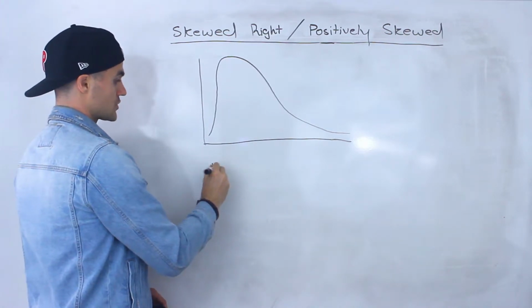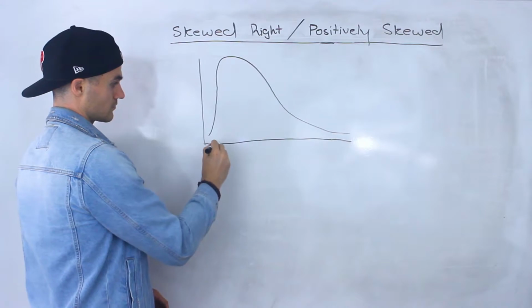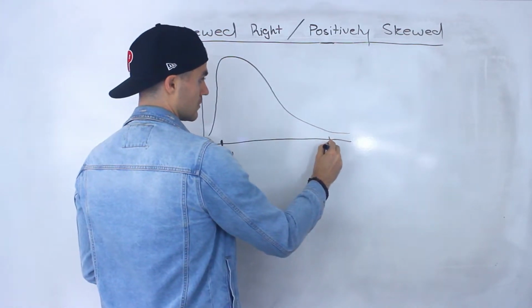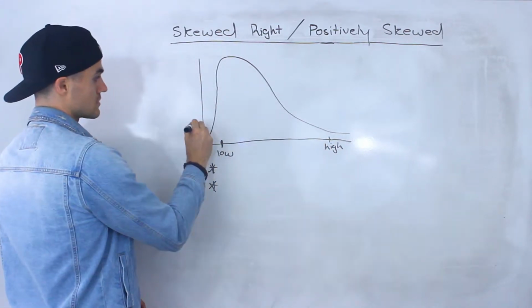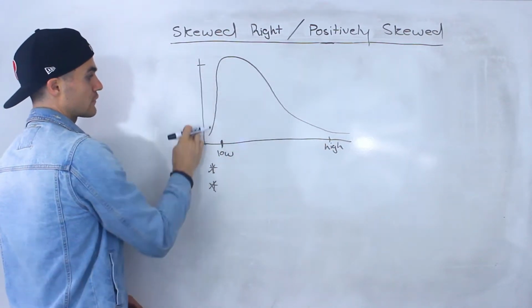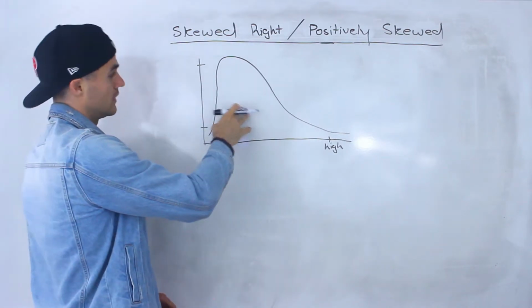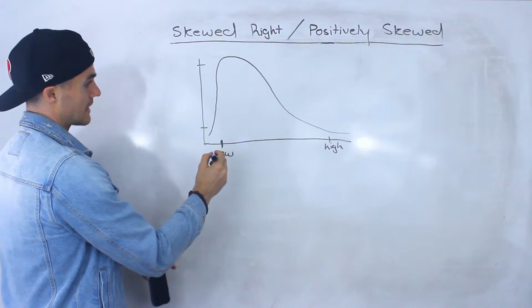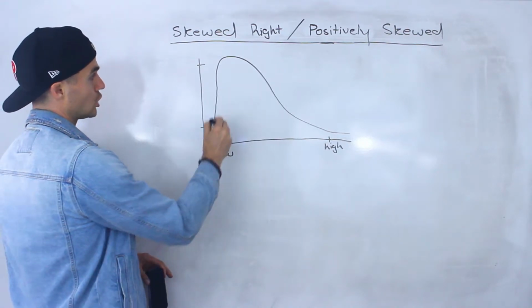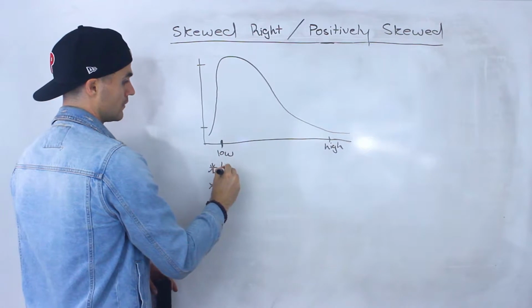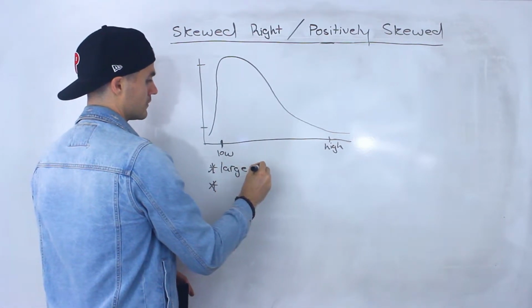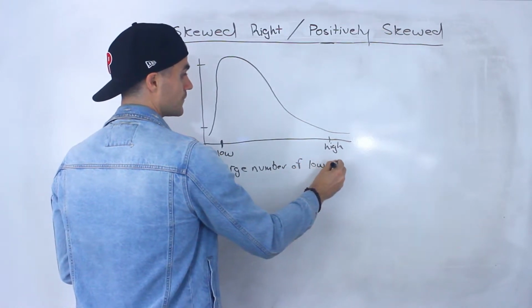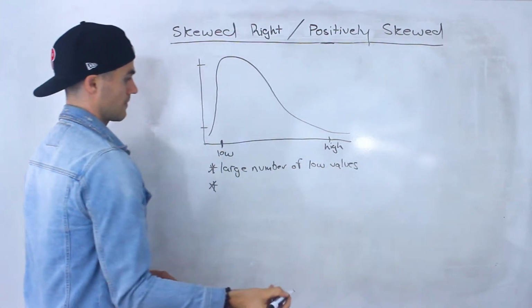And if we were to describe this in words, remember, these are all the low values. These are all the high values. And then the y-axis is the frequency. And actually with a density curve, it's the relative frequency. But what this tells us is that there's going to be a large number of low values, right?